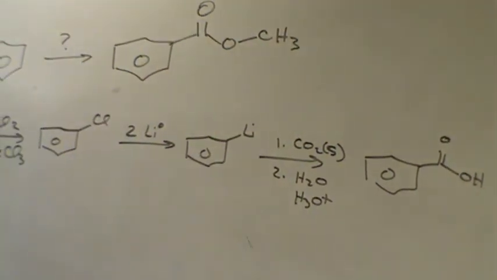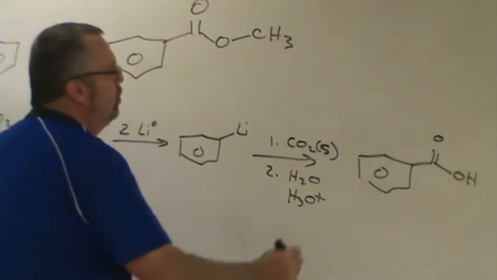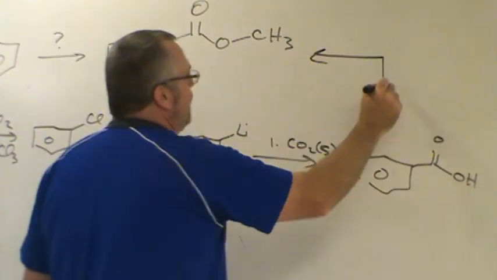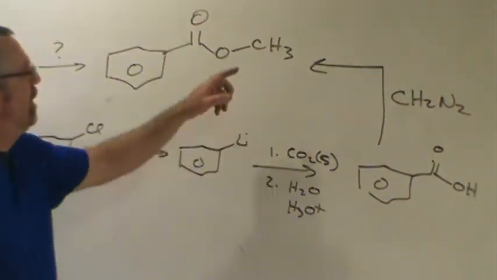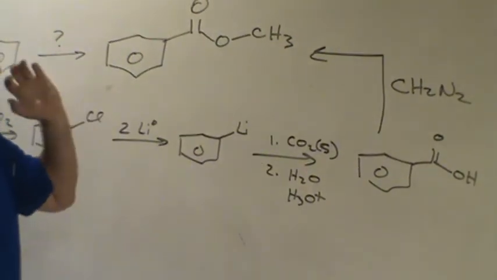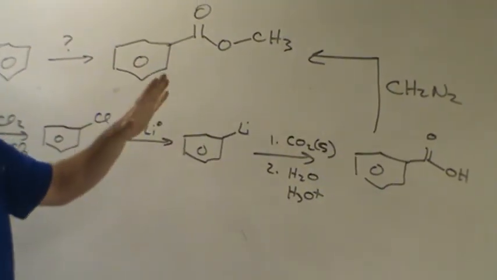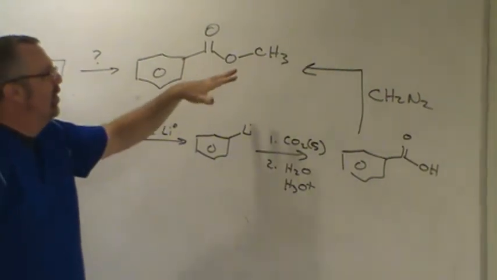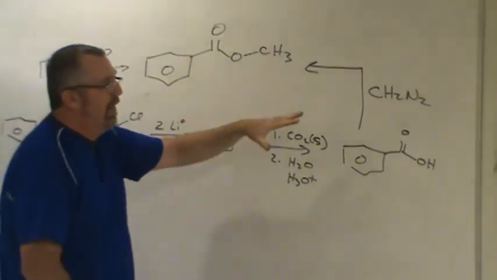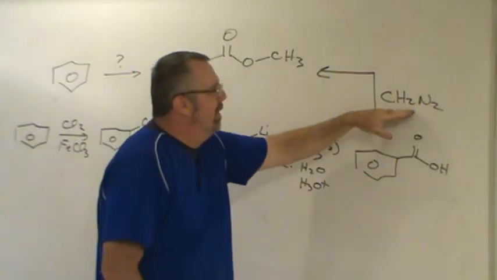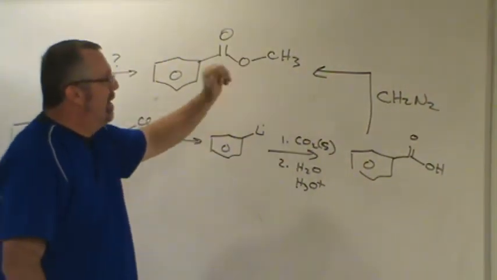From the benzoic acid stage, I actually have two paths. I could just react this with diazomethane to produce the corresponding methyl ester. Since it's a methyl ester I'm trying to make, it'll work just fine. If it were an ethyl or a propyl or an isopropyl ester or any other kind of ester, this reaction wouldn't work. Only diazomethane can be used to produce the methyl ester.